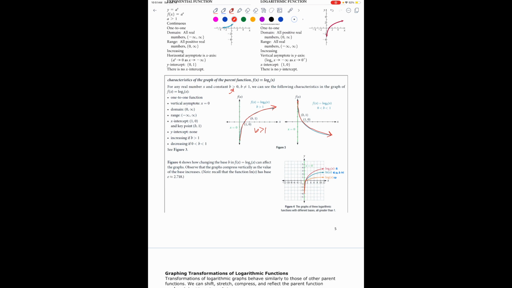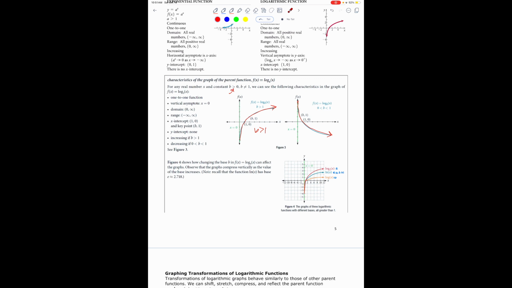In this figure right here, you will see how changing the base in the logarithmic function can affect the graph. Observe the different graphs here. The red graph is log base 2 of x. And as you can see here, the base is 2.